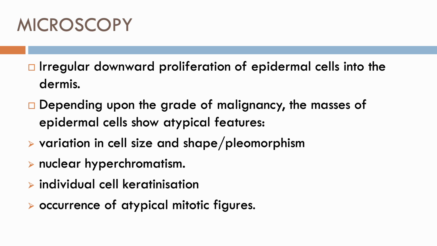One is variation in cell size and shape, which is known as pleomorphism. Then nuclear hyperchromatism, individual cell keratinization, and occurrence of atypical mitotic figures. There will be atypical mitotic figures, and the mitotic figures will also be increased in number.